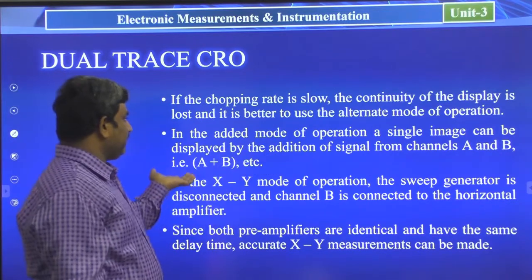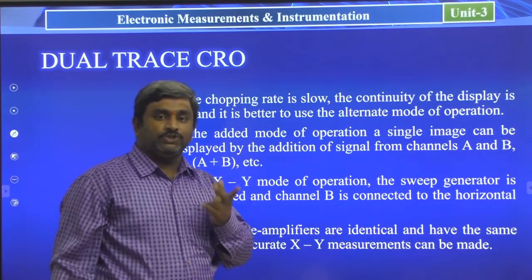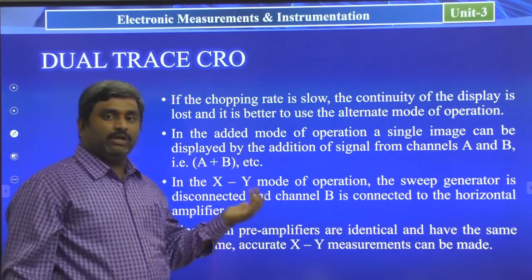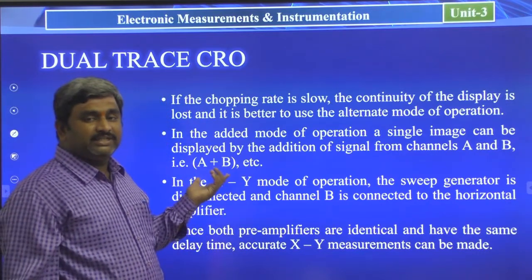In the added mode, we have a special mode called added mode, that is channel A plus channel B. We can add both our signals and you can see a single waveform.